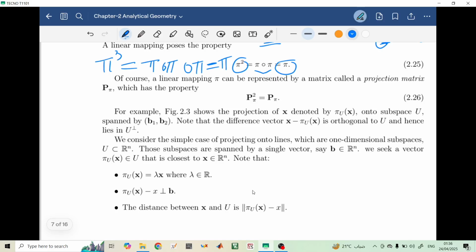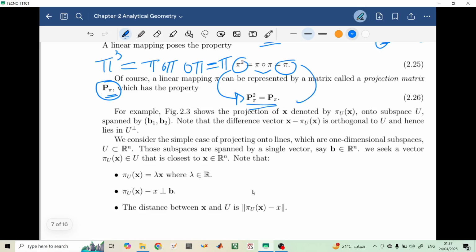Okay, so pi is a linear mapping. When we say linear, then we should know that we can represent this mapping by a matrix. This matrix is denoted by P_pi, the projection matrix, and pi is the mapping that we're using. So this statement 2.25 is translated in linear algebra terms to P_pi squared equals P_pi.